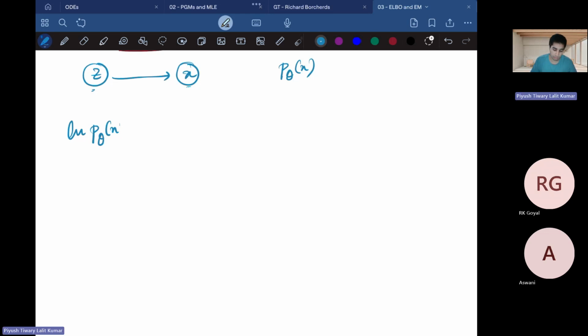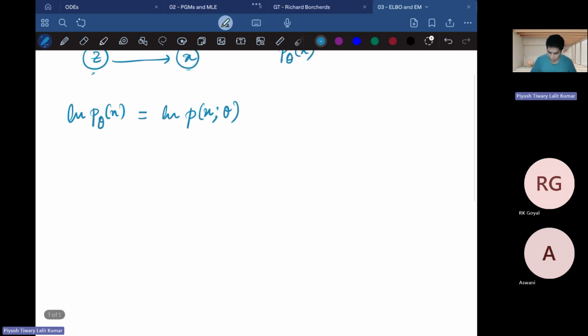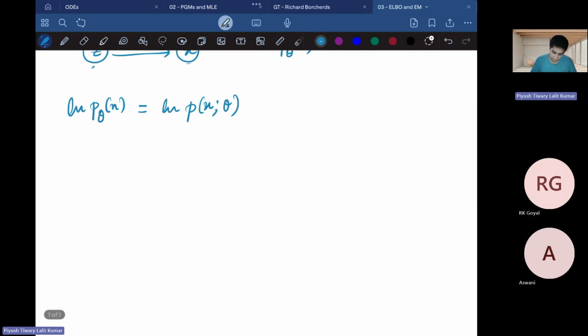Let's try to write this thing down. For this setting, at least till EM, we are going to write this as log of P of X comma theta. This is the definition that we are going to use. You will see why we are using this notation. So what is this?